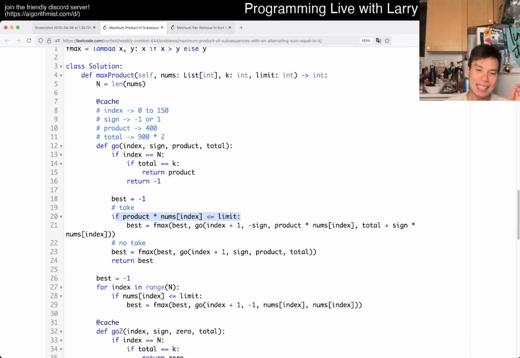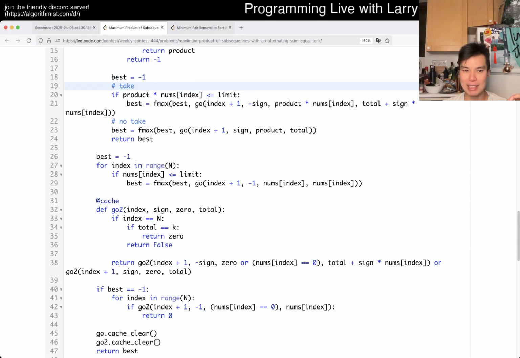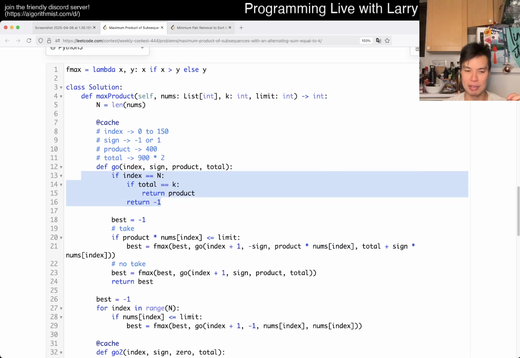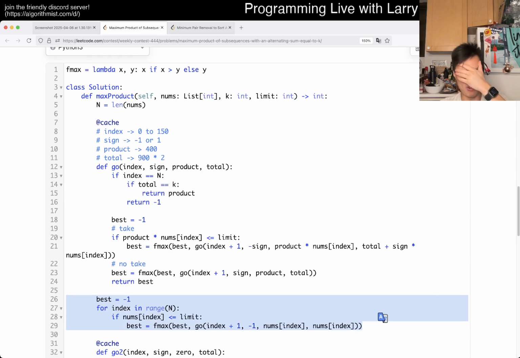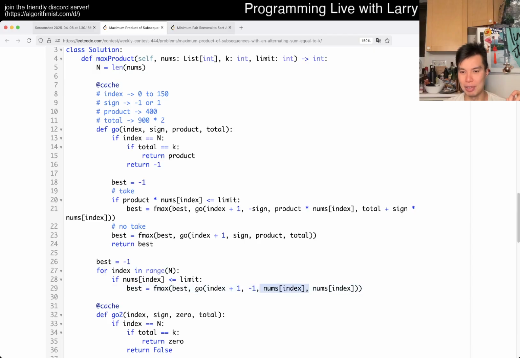So what I did was I just go, okay, I'm going to calculate this best thing for all the best products, keeping in mind that my base case is, if total is equal to k, we return the product. So we do this, and we return it for all the possible first numbers to precede the first number, including the limit.